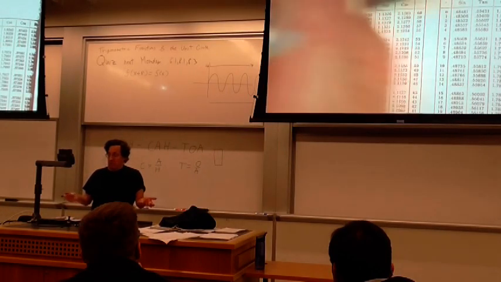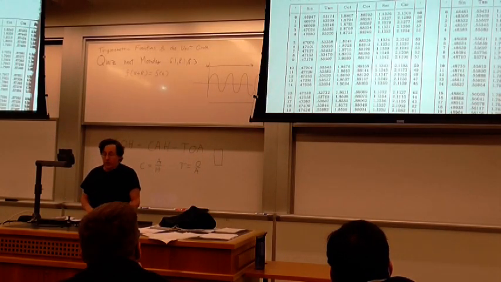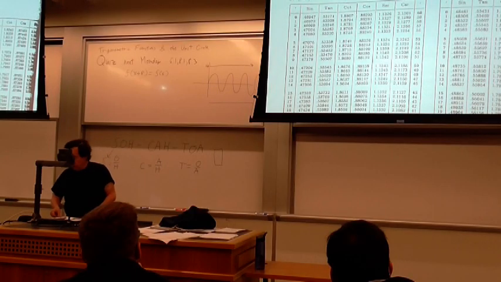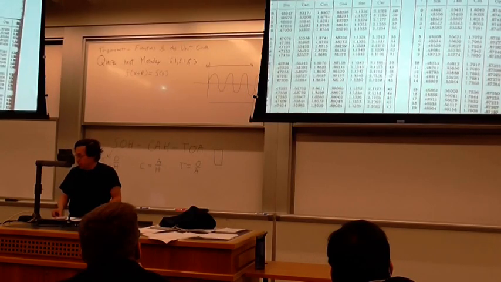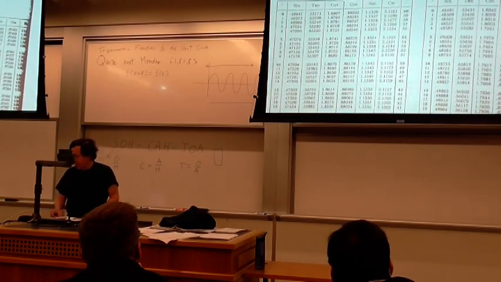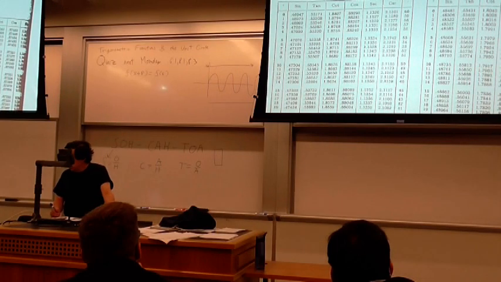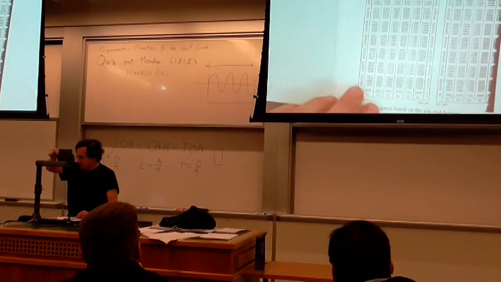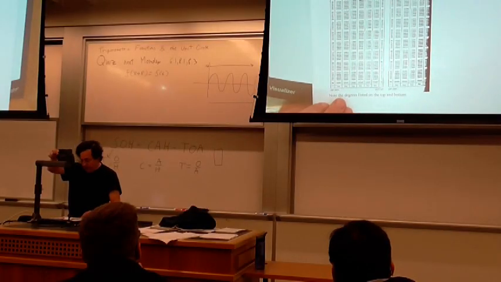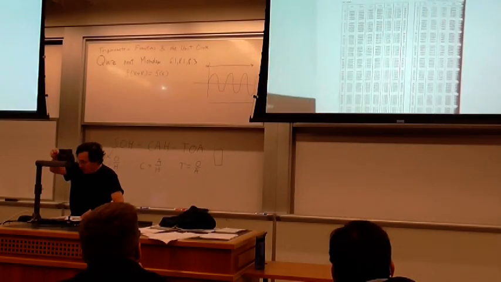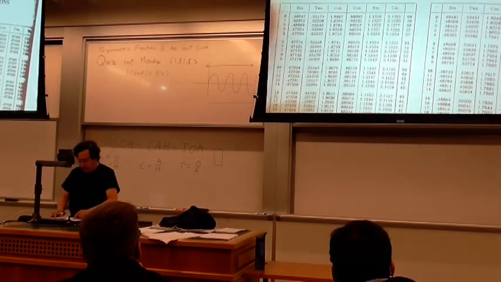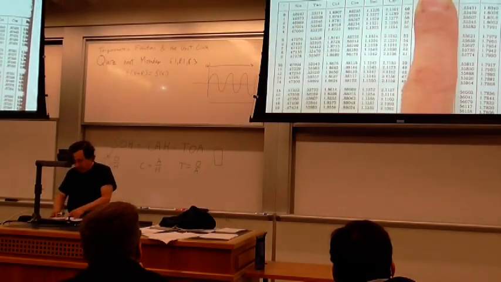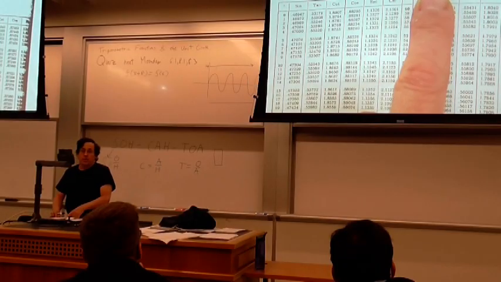But before then, how did we do calculations? Well, we had books with tables. And this is just an example. I guess I could zoom out to show you. This is one page, and you can see here we have the table for 28 degrees and 29 degrees.